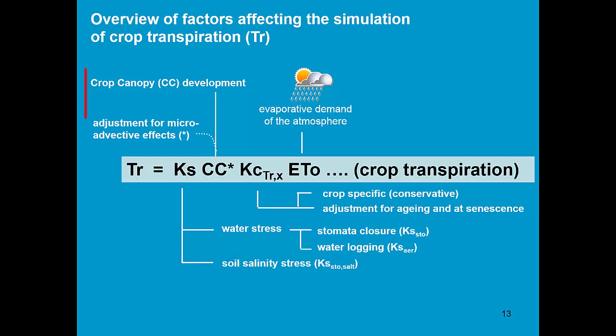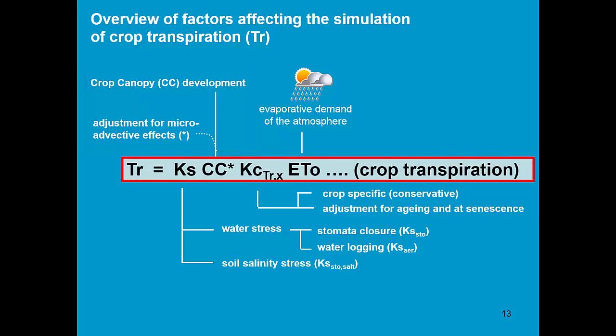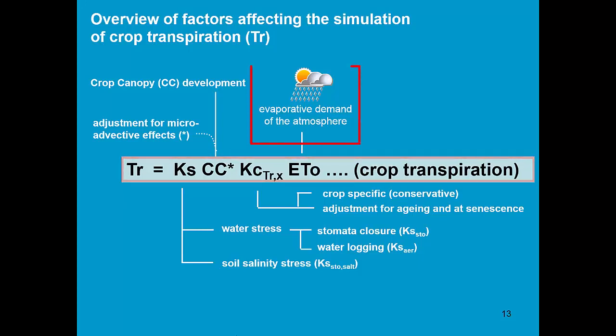So, by describing the crop canopy development, we know what is Cc. Cc is adjusted for micro-advective effects, and so we are going to use Cc star. Crop transpiration is simulated by this equation, where ETo is the reference evapotranspiration, the evaporative demand of the atmosphere.